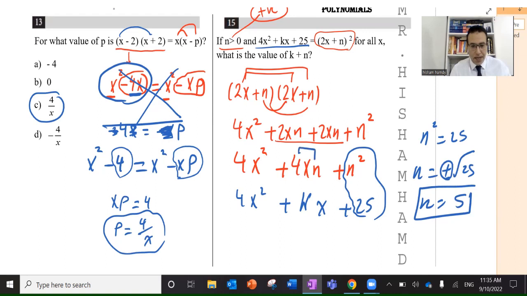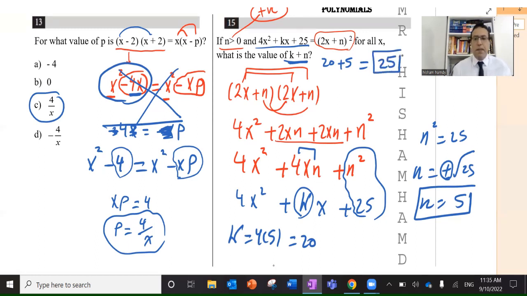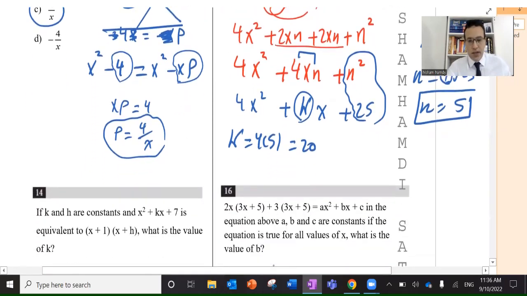And 4n is equal to k. So k is equal to 4 by 5, which is equal to 20. He is looking for k plus n, so 20 plus 5 is equal to 25. My advice to you is to pause the video at the beginning of this question and to solve it by yourself, and then to check the answers once and twice.